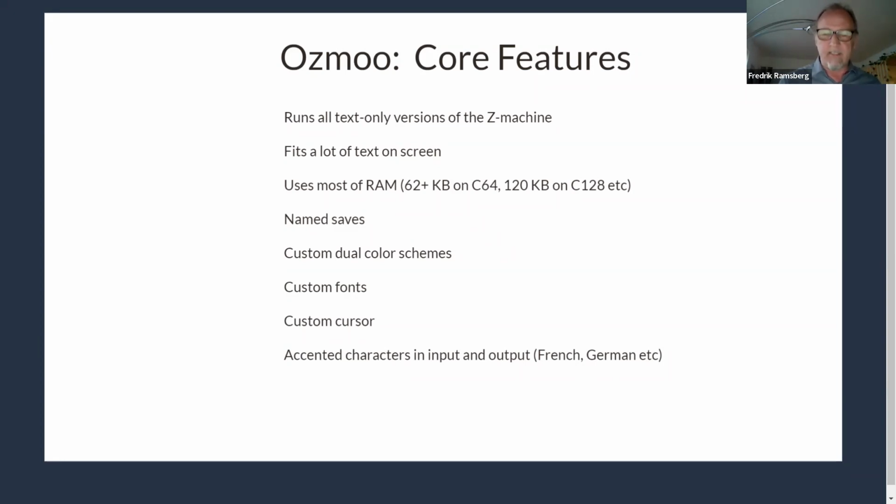Since the Commodore 64 doesn't have an A with 2 dots over it like German has, we replace some other graphic character with that, and then we map it so that there's something that makes sense on the keyboard that produces that character, and we map it for both input and output, and it just ends up working.